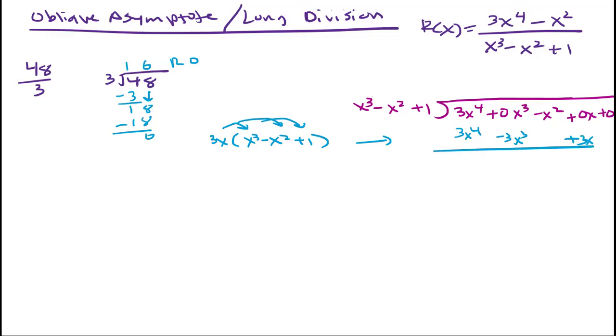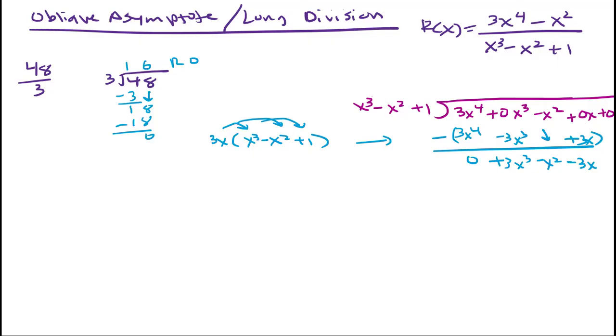All right, then we subtract that. So 3x to the fourth minus 3x to the fourth is 0. 0x cubed minus negative 3x cubed is going to give us a positive 3x to the third. We bring down the negative x squared. And then this is going to give us 0 minus 3x. So that'll be a minus 3x there. Okay.